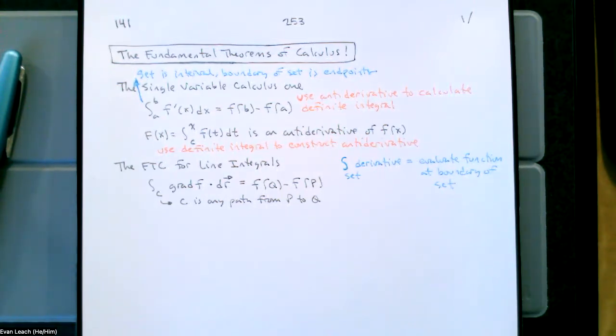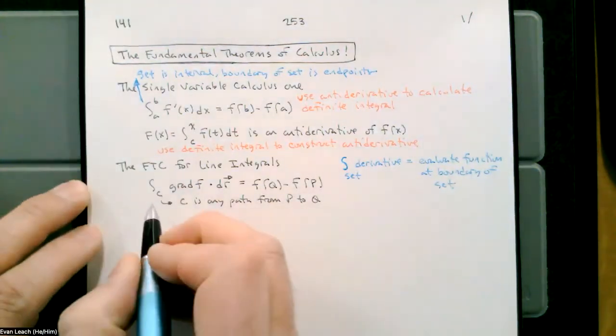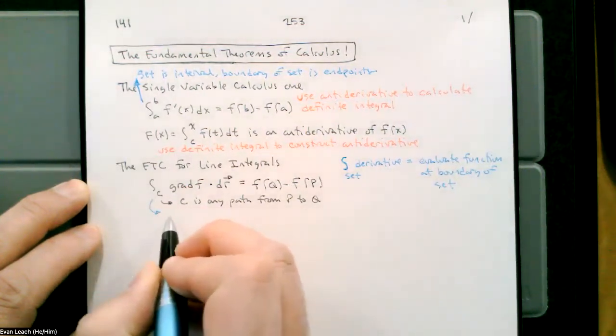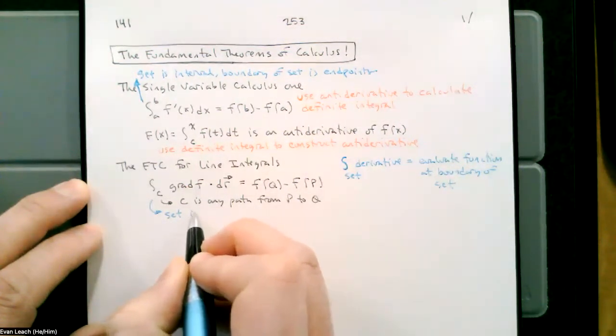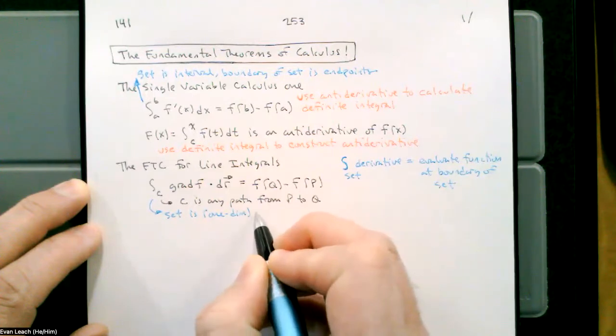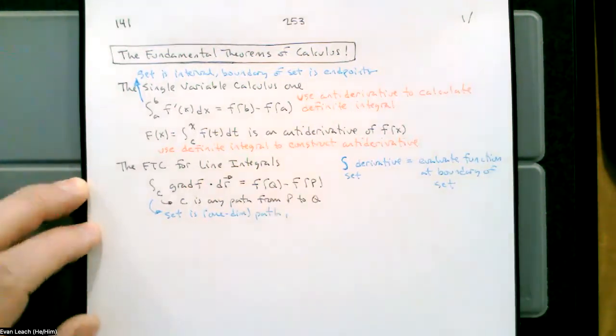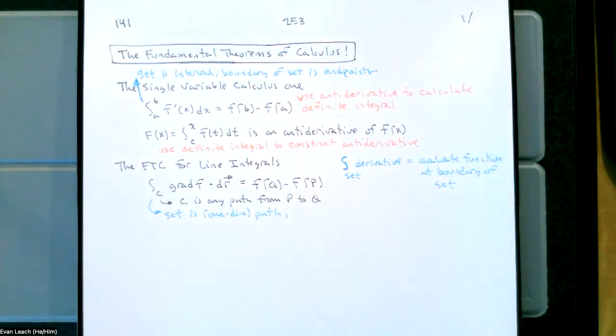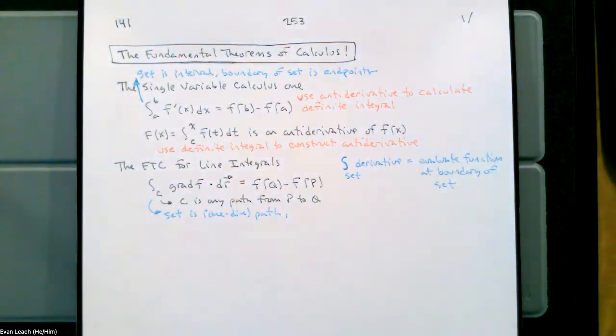The gradient was kind of like the derivative of our potential function, and the set over which we're integrating is a one-dimensional path from P to Q. So here in our fundamental theorem of calculus for line integrals, the set is a one-dimensional path and the boundary is just the starting point and the ending point. This is just a curvy version of an interval. It's a one-dimensional segment that's just all curvy.